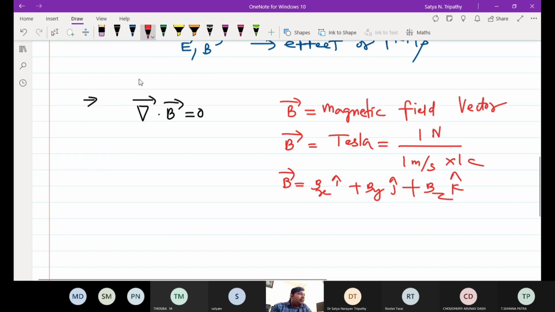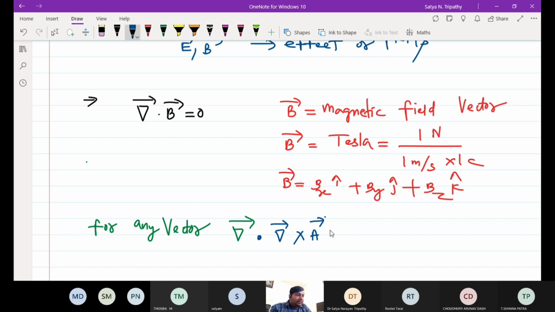Now I'm going to apply a vector law here. That vector law is for any vector: div of curl of A is 0. This is valid for any vector A. Please understand this.